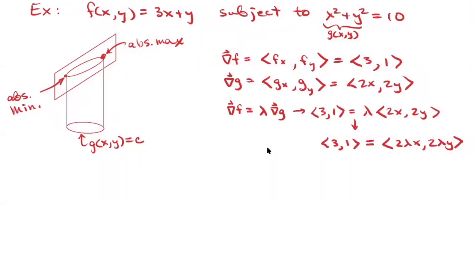So that's 2 equations right there. Here's my 3 by 3 system. Okay, first equation says 2 lambda x is 3. Second equation, 2 lambda y is 1.